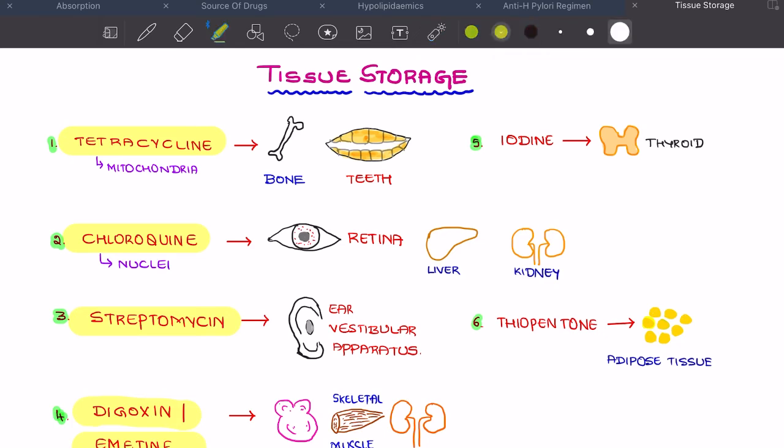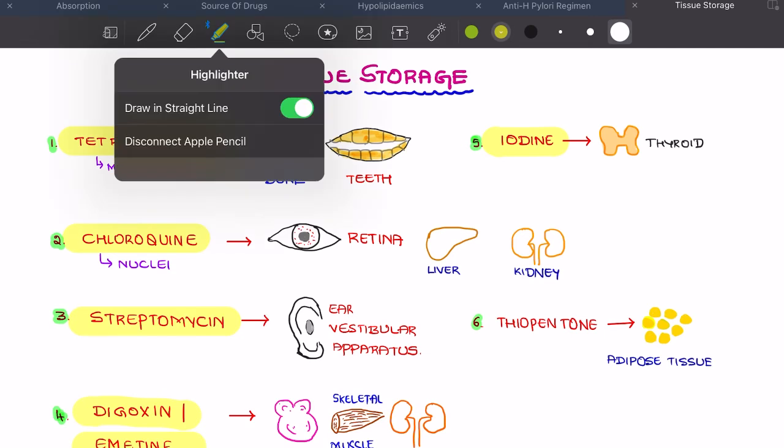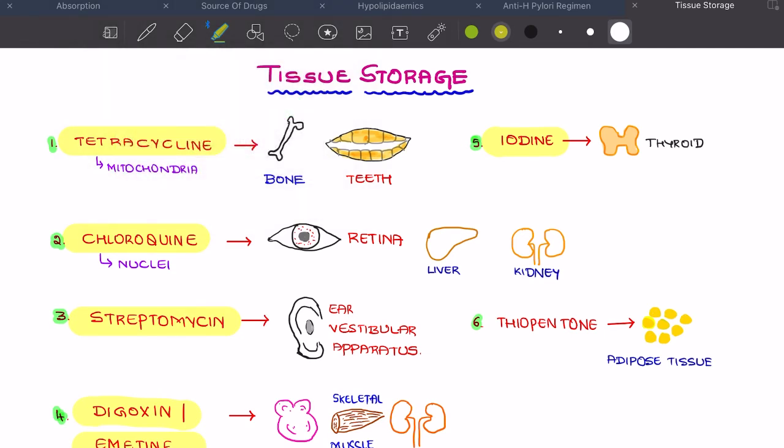Next, moving on to the fifth example, that is iodine. The iodine which is mainly used for treating hypothyroidism can get accumulated in the thyroid. Apart from that, one more example is thiopentone.